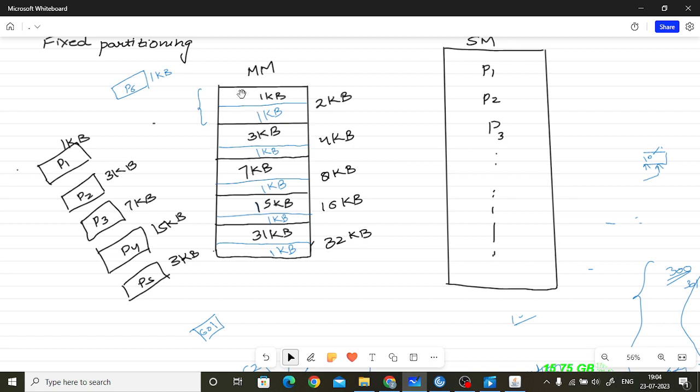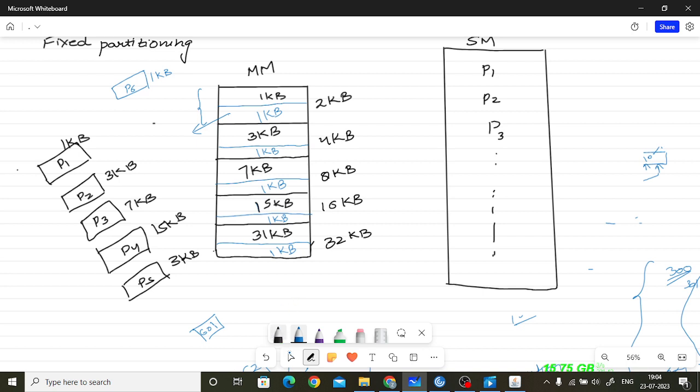We have 1 KB of free space in this block, and we can't put this 1 KB process into this block, and we have 1 KB of free space in this.